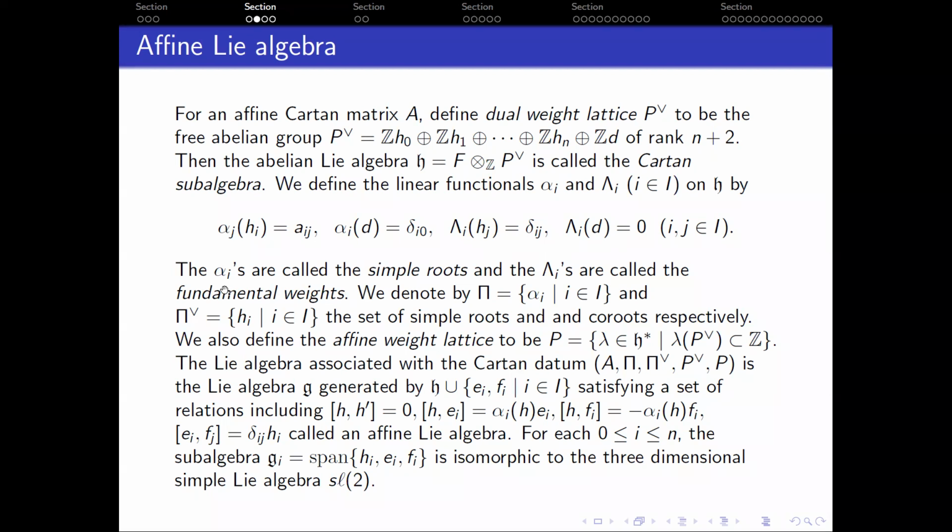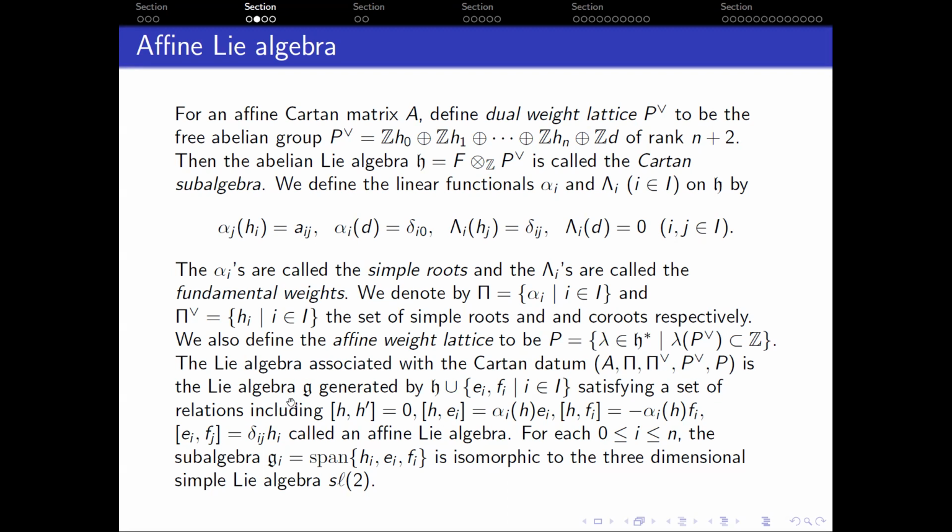And again, the alpha_i's are simple roots, and now what I have shown you is the Cartan datum A, phi, phi check, P check, and P for this affine Lie algebra. And with this data, we can actually construct the entire Lie algebra.